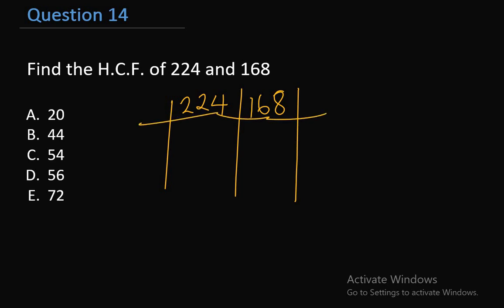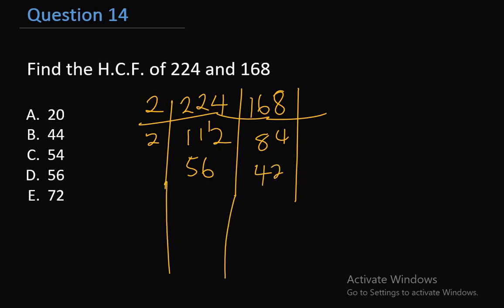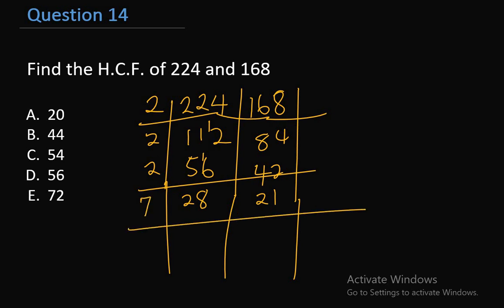So let's look for the smallest number that can go, which is 2. 2 into 224 is 112, 2 into 168 is 84. 2 is not done with his work. 2 into 112 is 56, 2 into 84 is 42. 2 is not done with his work. 2 into 56 is 28, 2 into 42 is 21. 2 is done with his work, but 7 can go. 7 into 28 is 4, 7 into 21 is 3.